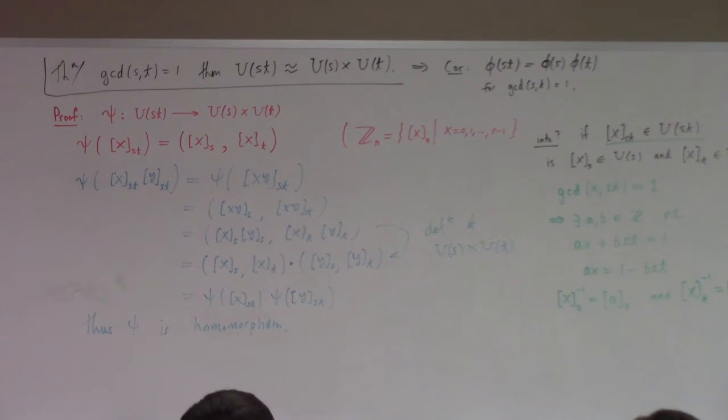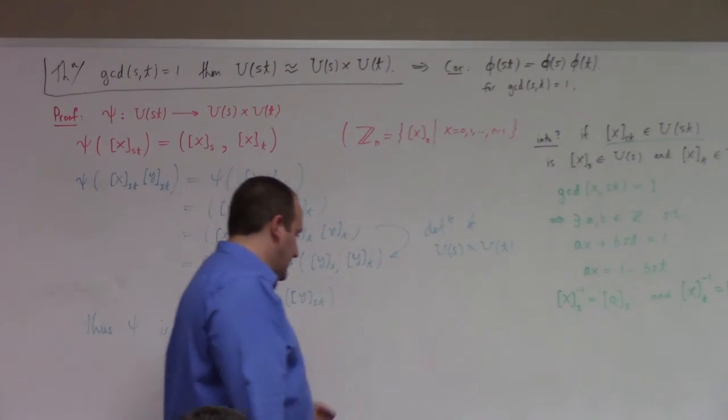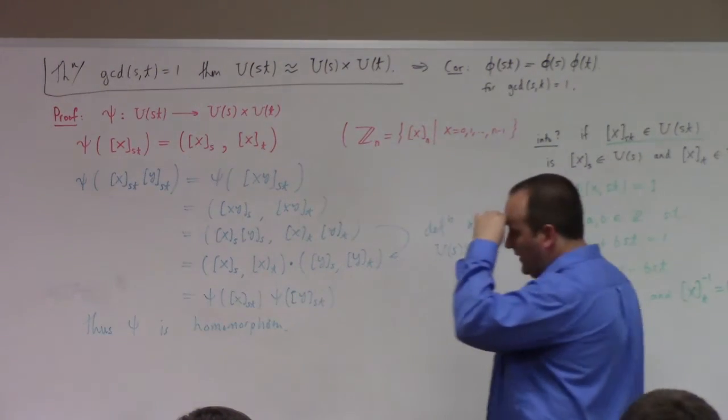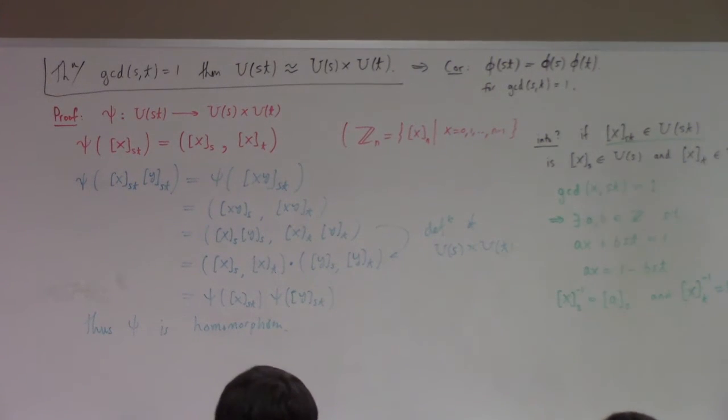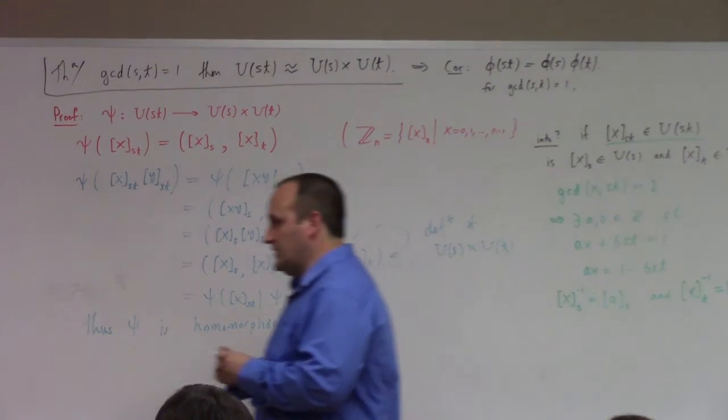What remains? What do we still need to show? Yeah, bijective. All right, so, but we can do some counting here perhaps. Oh, well, I guess I can't. All right, well, okay, bijective. Let's see here. What do I do next?